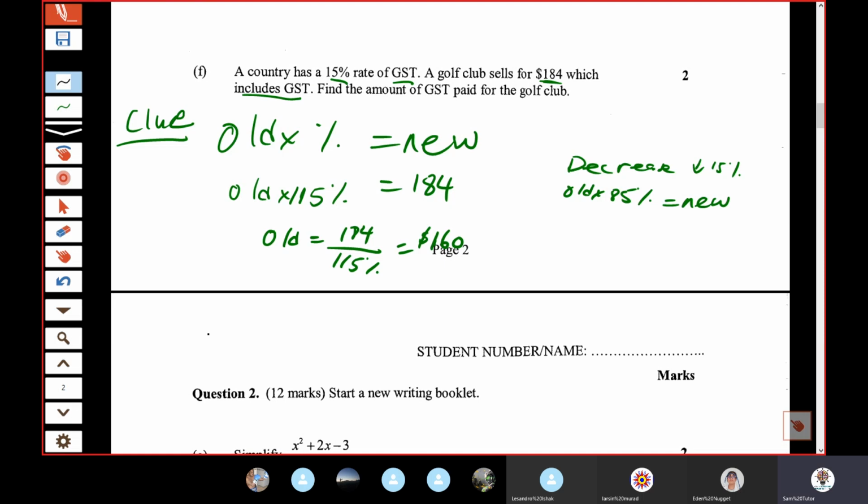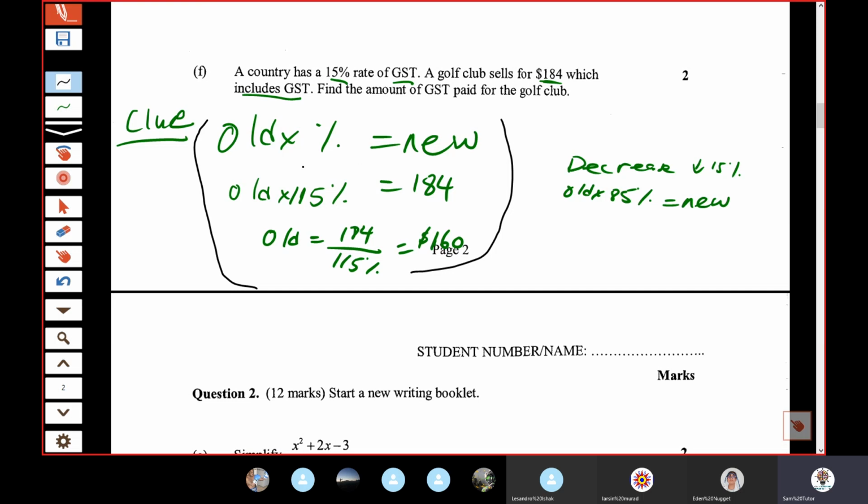Because it increased by 115. You're looking at this. All times 115 equals 184. Right hand is 115. Well, that's what you would have done. That's why I'm trying to use this formula.